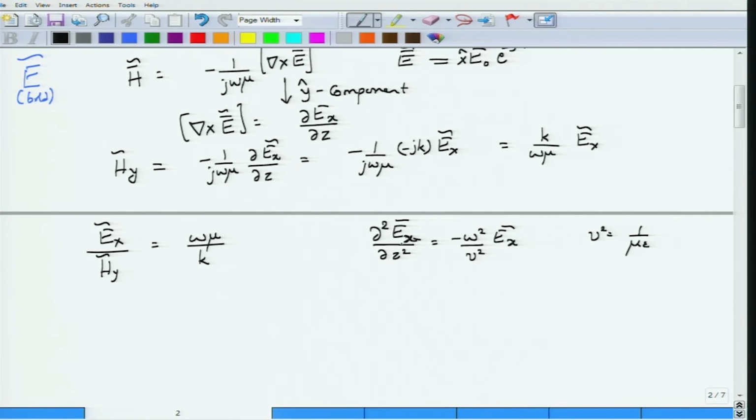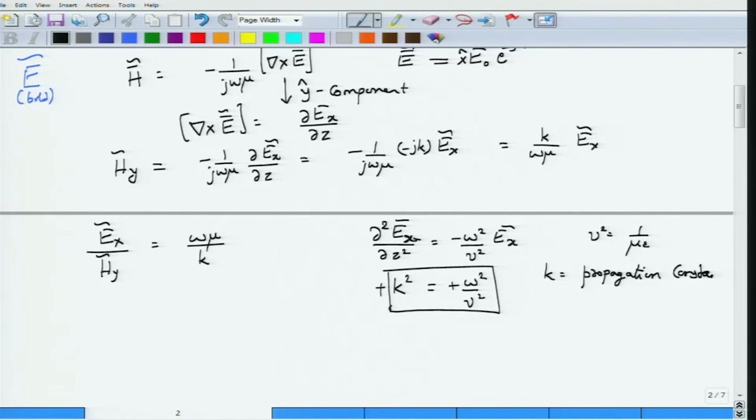So when you differentiate it twice, you get minus jk into minus jk, which turns out to be minus k square, and this should be equal to minus omega square by v square, Ex being the same. Cancelling off the minus sign on both sides, we see that k square is related to omega square by v square, and we said that this k is the propagation constant, okay.